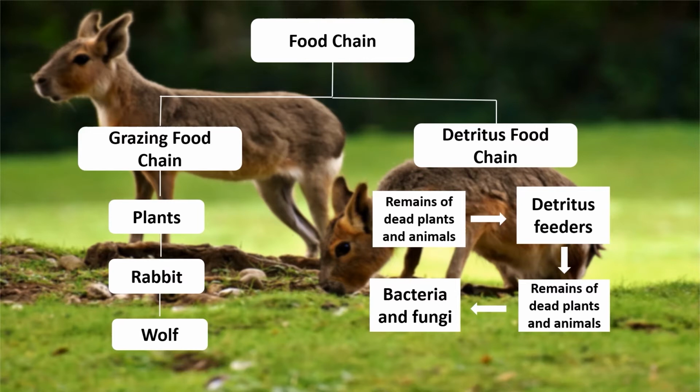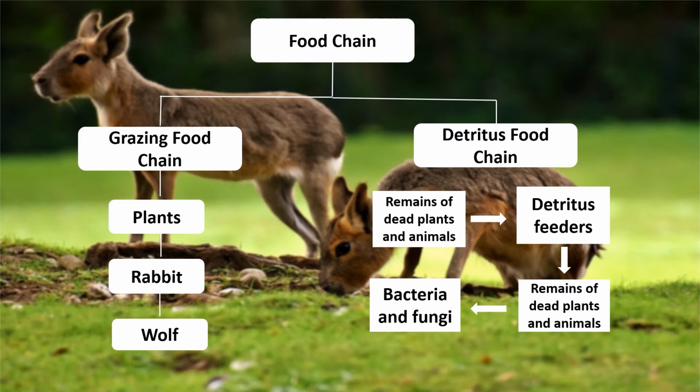In the other case, the detritus food chain, there are the dead remains of plants and animals. The leaves from the trees fall down on the ground. The animals die and rot on the ground, in the forest area, they rot on the soil.